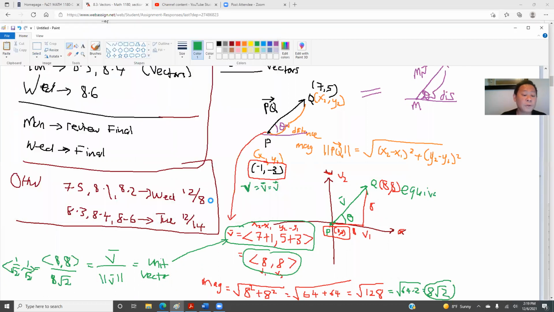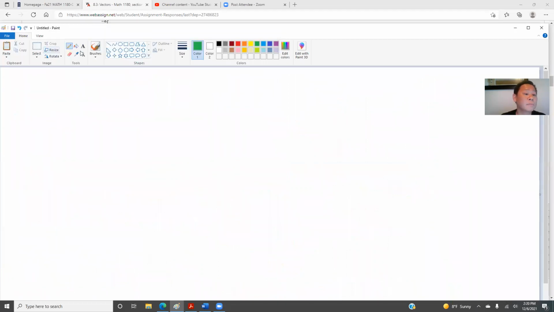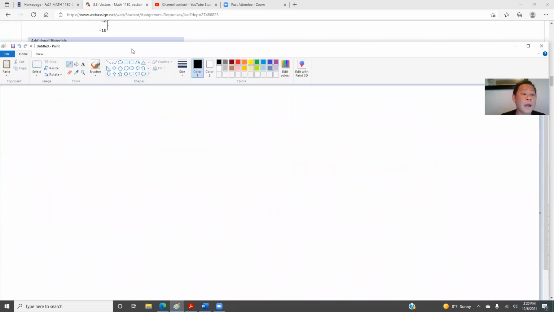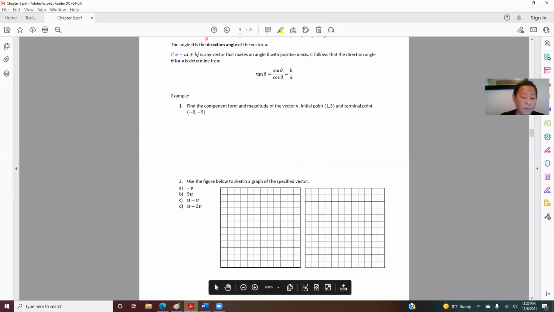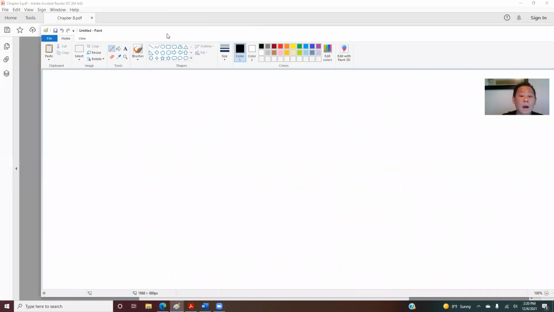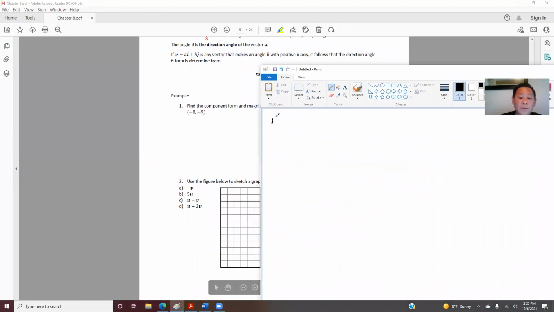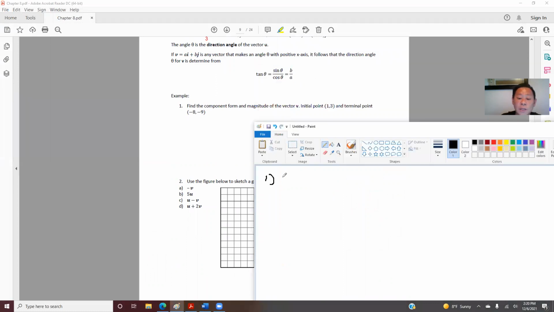In order for you to do the first question, they're asking for the component form. So the first question is given that the initial point is (1, 3) and your terminal point is (-8, -9).